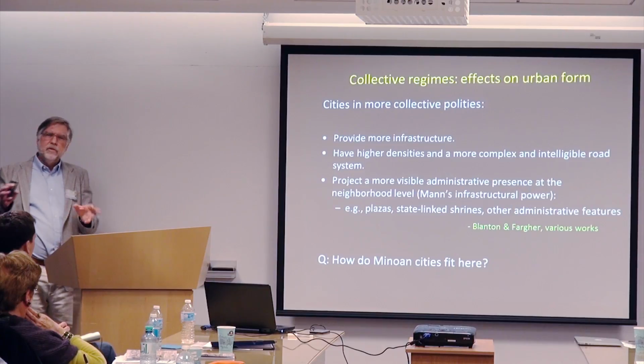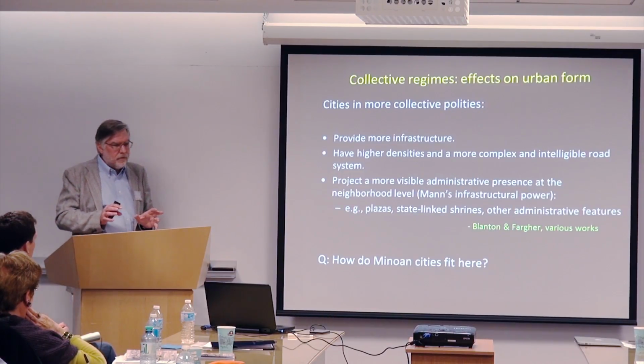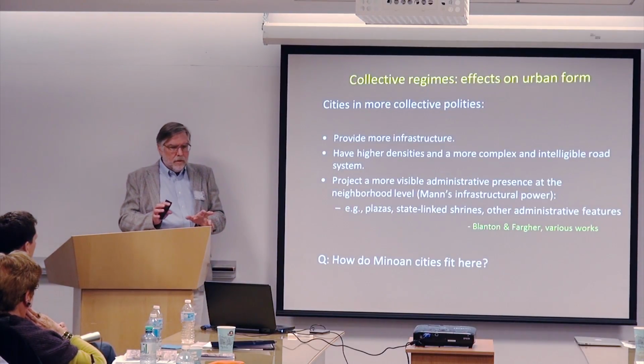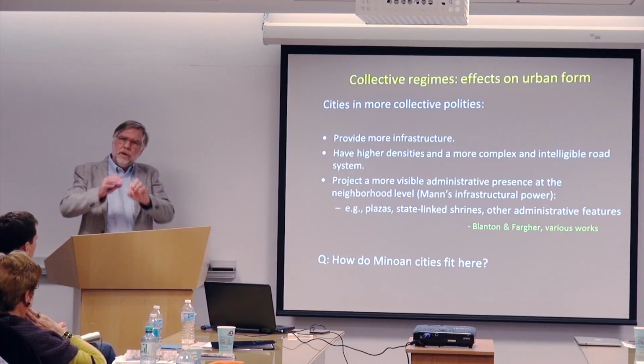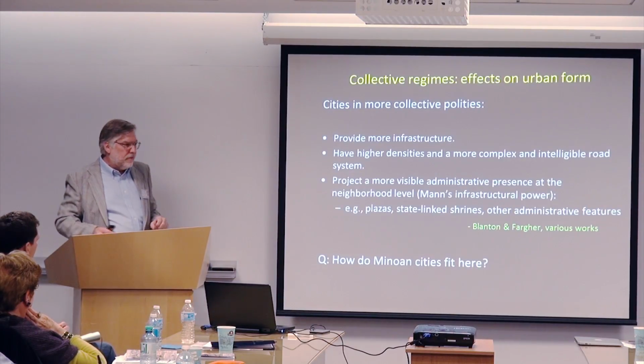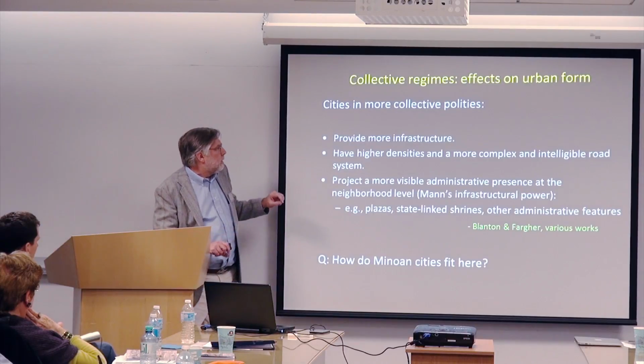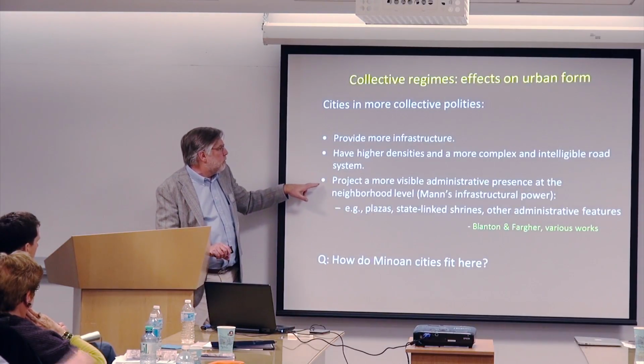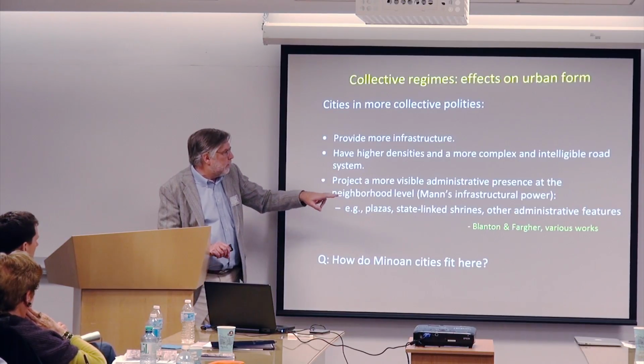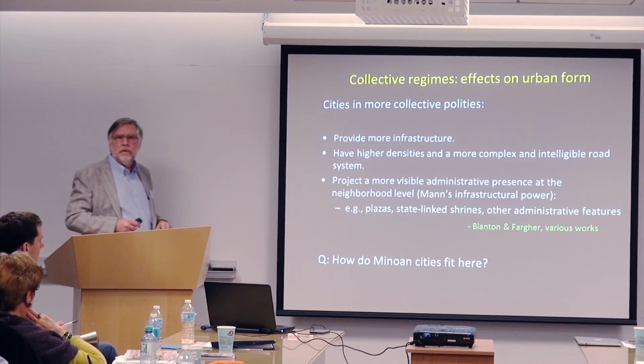They take cases in their sample and look at whether the roads go all over the place or make a rational, efficient grid, and project a more visible administrative presence at the neighborhood level: plazas, state-linked shrines, other administrative features.